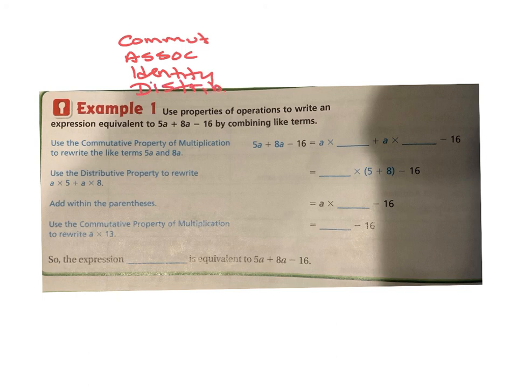We have 5a plus 8a minus 16. This is the expression they wanted us to do. And so remember what this really means is that's 5 times a, and that's 8 times a, and then minus 16. So they're saying let's use the commutative property to kind of separate these out.